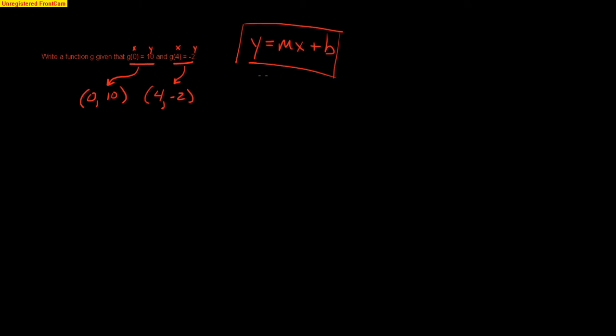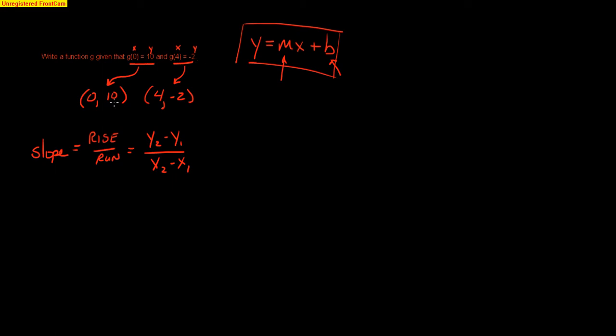Well, I need to find my slope and I need to find my y-intercept. So we have to go back to our equation for slope. We said it's rise over run, or a more mathematical way, y sub 2 minus y sub 1 over x sub 2 minus x sub 1.